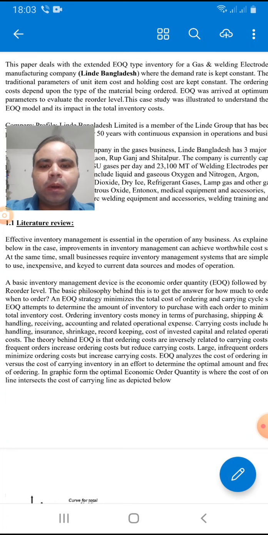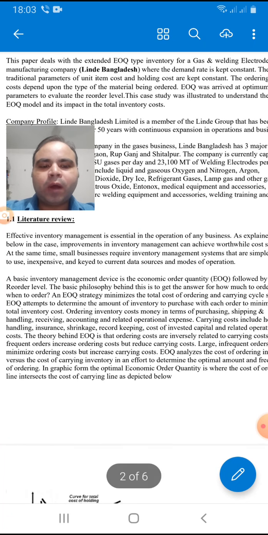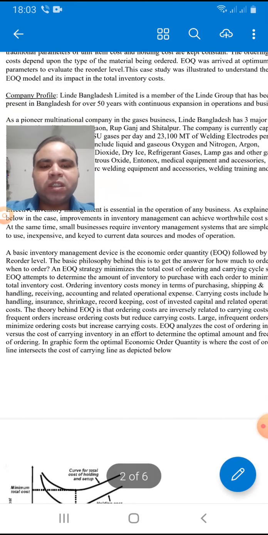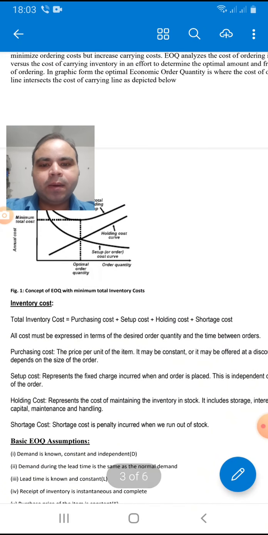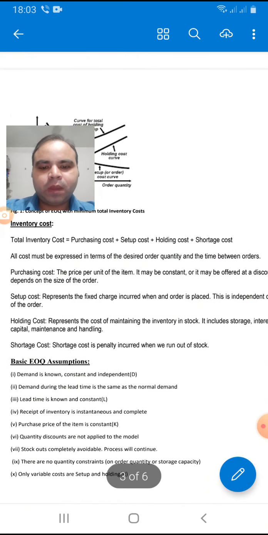Basically, the optimal level of how much to order and when to order, which is good for the company. So the company we are talking about in this case produces dissolved acetylene, for which the major raw material they need to import is carbide. The value of the carbide is almost 20% of the whole inventory.